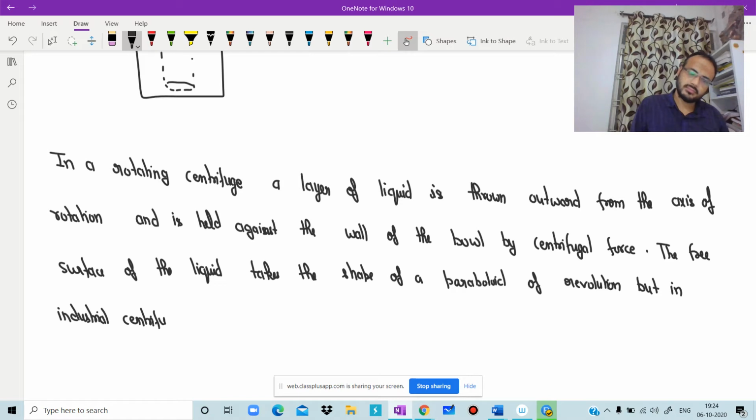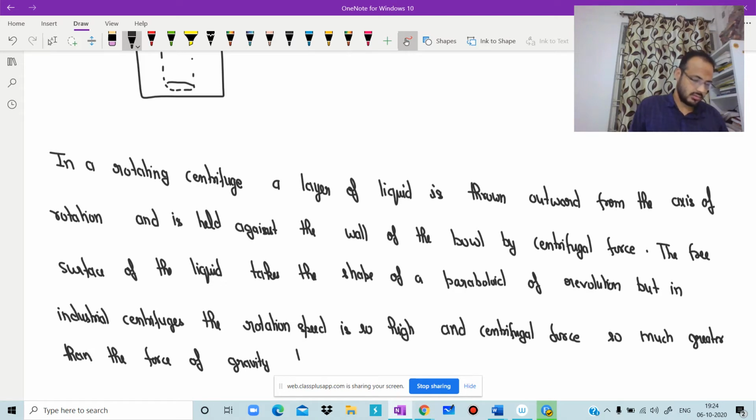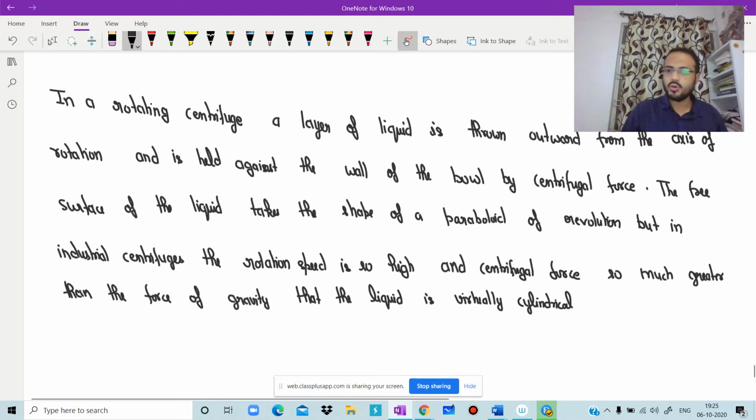But in industrial centrifuges, the rotational speed is so high, and centrifugal force so much greater than the force of gravity, that the liquid is virtually cylindrical and coaxial with the axis of rotation.